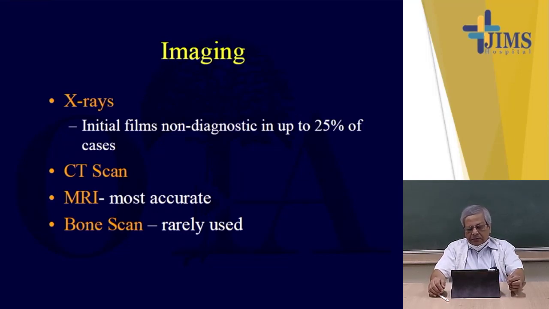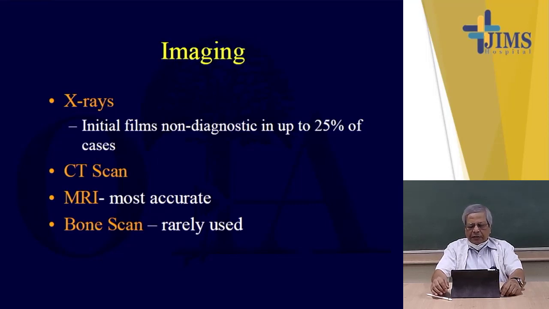X-rays. The initial films are non-diagnostic in up to 25% of cases. It means in about 25% of cases, even if the patient has a scaphoid fracture, the X-ray does not reveal it, because either it is not properly positioned or a good quality X-ray is not there.